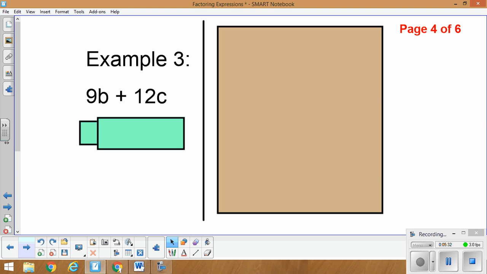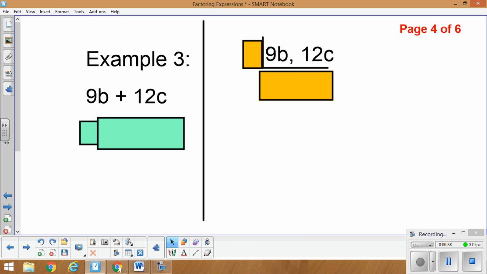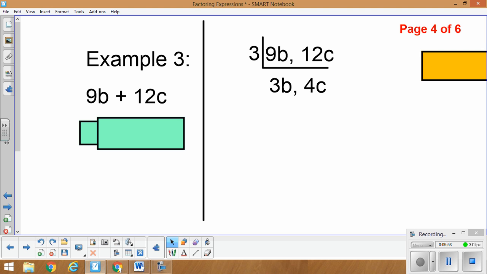Okay, we're going to factor 9 times b plus 12 times c. So we're going to set up our upside down division box. We're going to take a look at 9 and 12 and think of a factor that can go into both. I picked the factor of 3. So 3 can go into 9b 3b times, and 3 can go into 12c 4c times.